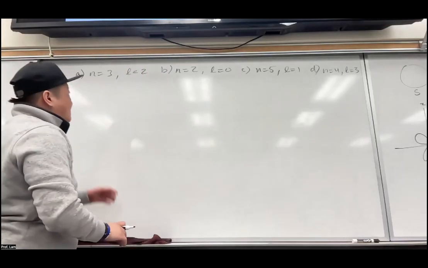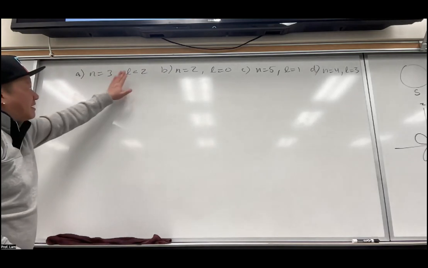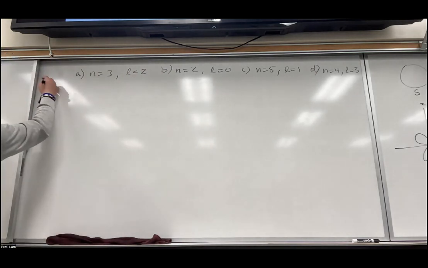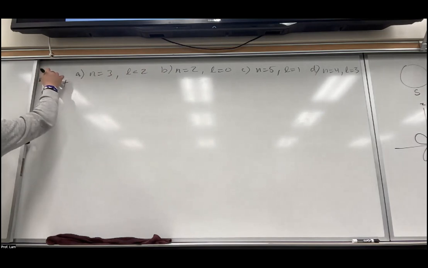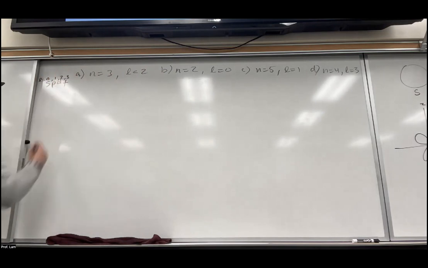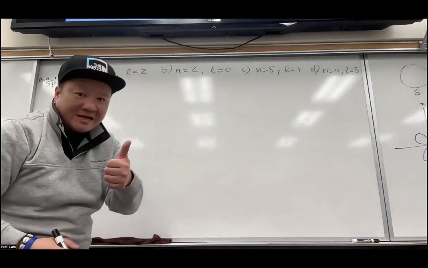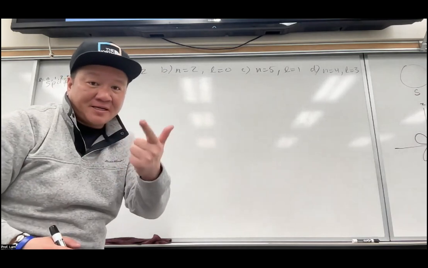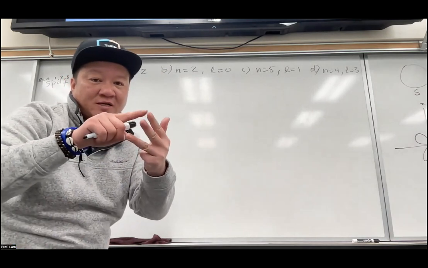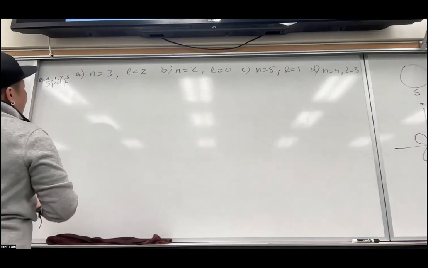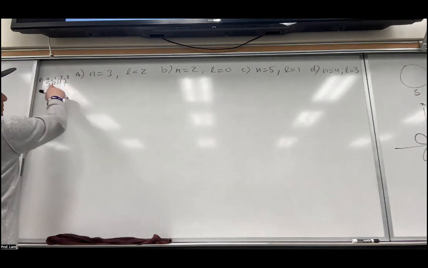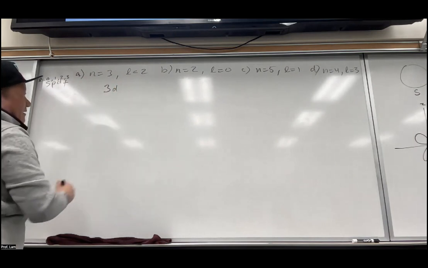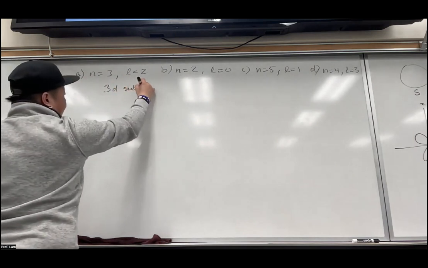If n is equal to 3 and L is equal to 2, off to the side I'll just write S, P, D, F. That's L is equal to 0, 1, 2, 3. So when n is equal to 3, L is 2, which is the D sublevel. So this is a 3D sublevel.